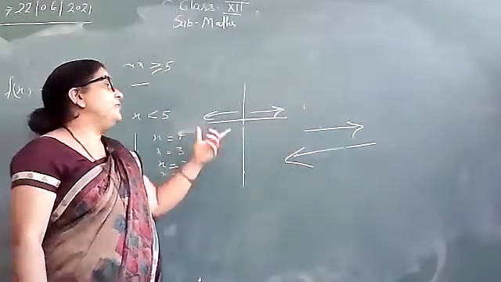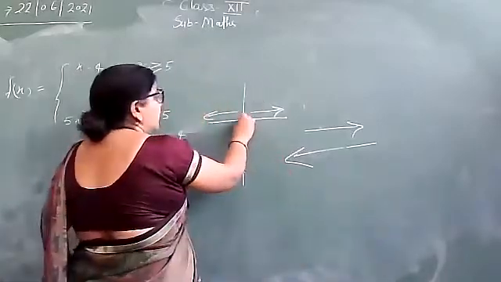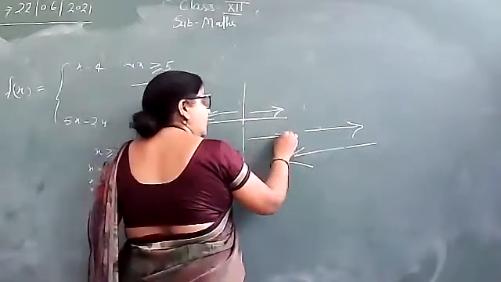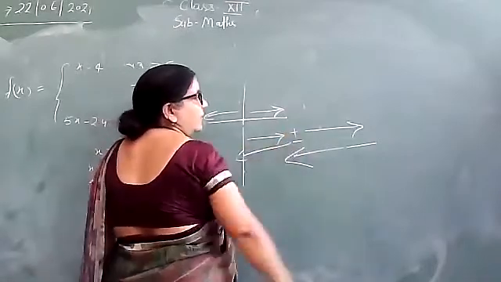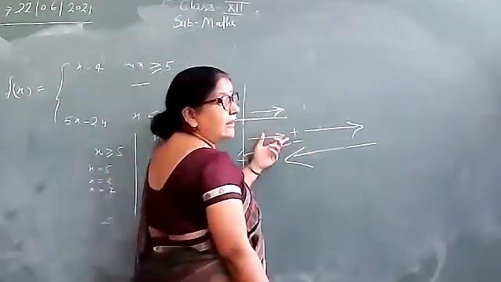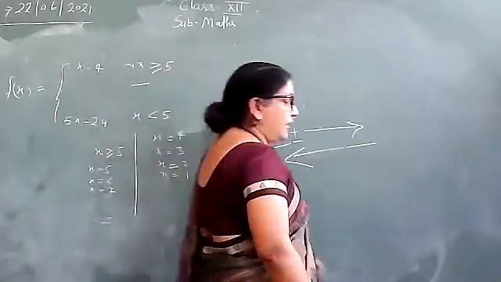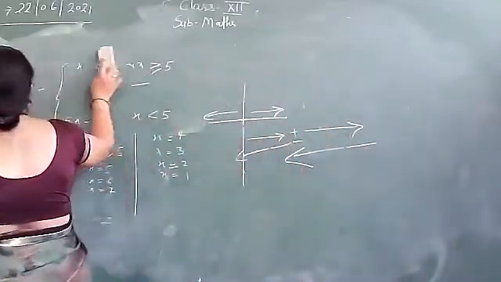So we use this type of limit. It is not necessary if we are going on the origin point. If we go here, that means this is the plus direction. If we go here, this is the negative direction. This means this is the right direction and this is the left direction.